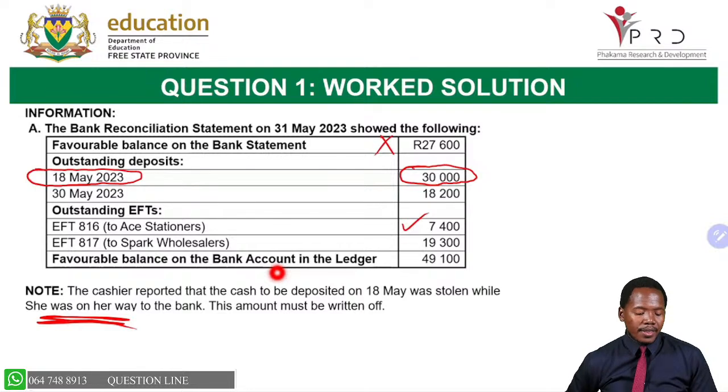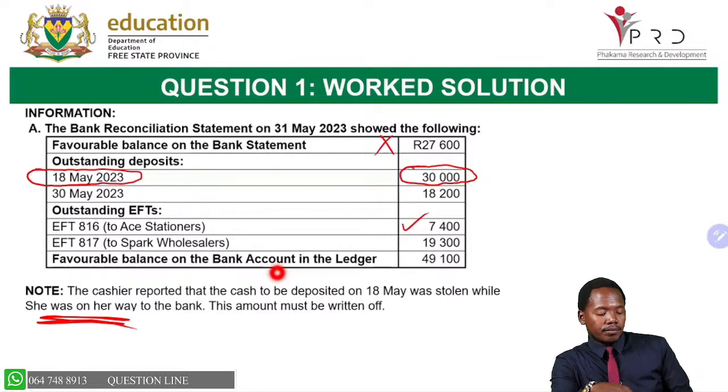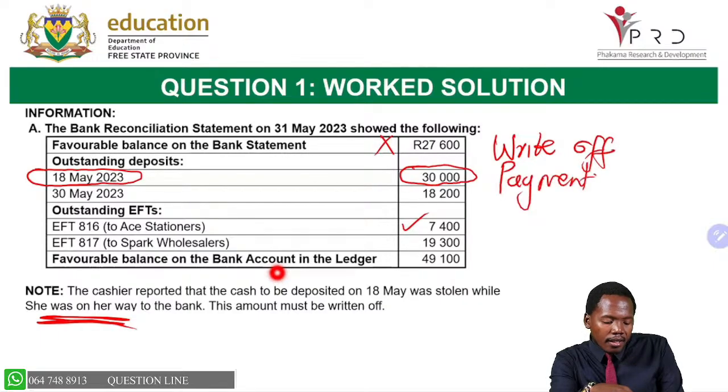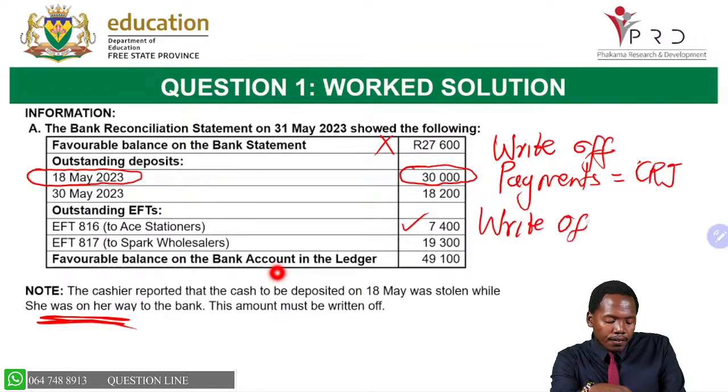Now, what do we do with this? Once money is lost and cannot be found, we must write it off. So what is the rule here? Write off payments in our CRJ, write off receipts in our CPJ.